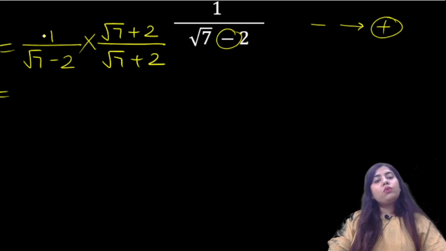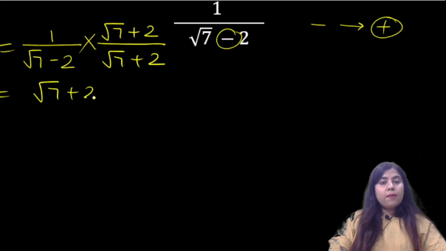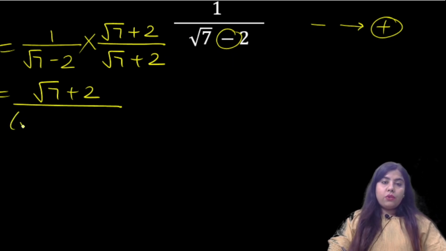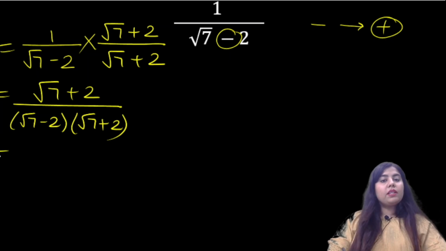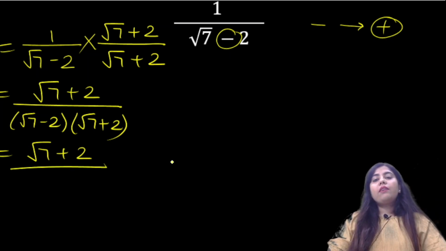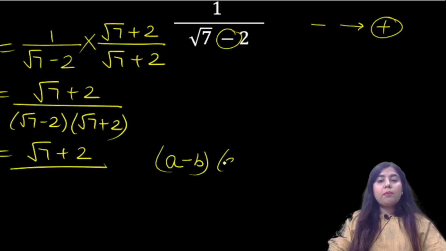Now it is equals to 1 multiply root 7 plus 2 is root 7 plus 2 by root 7 minus 2 into root 7 plus 2. Now it is equals to numerator as it is root 7 plus 2 by, again we get the identity a minus b into a plus b, and it is equals to a square minus b square.